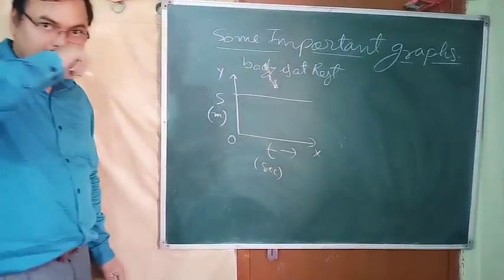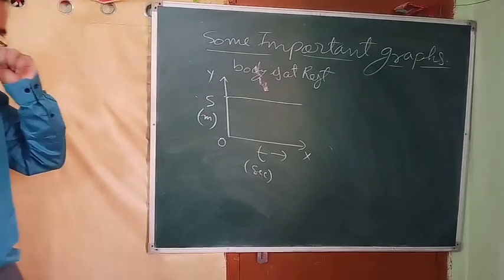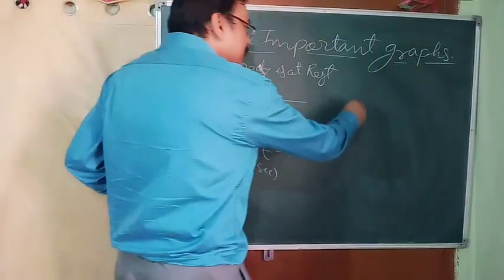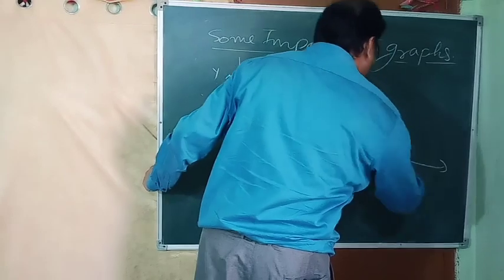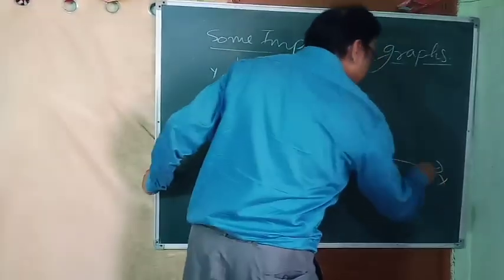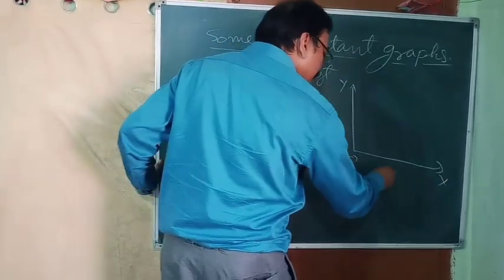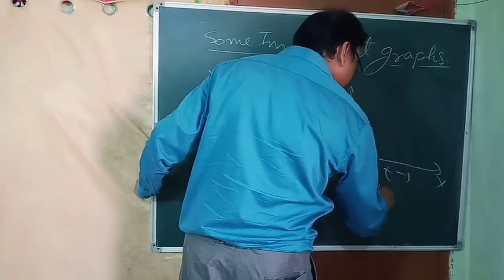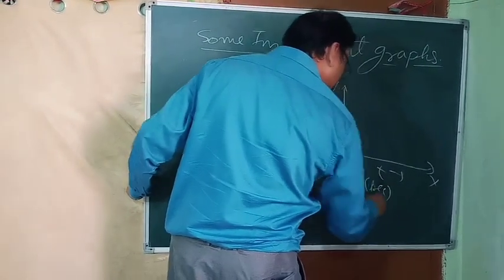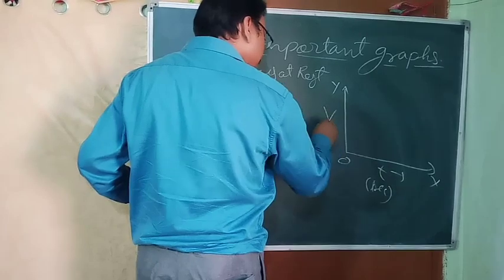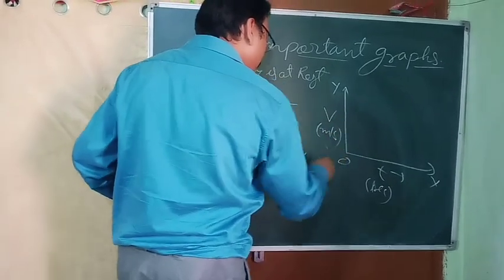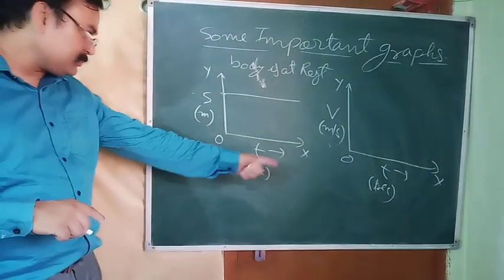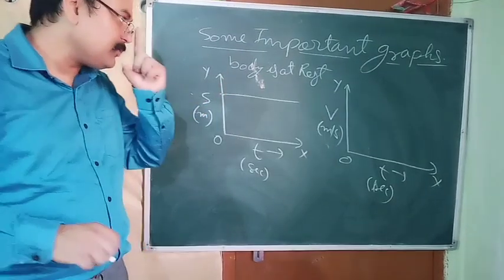But people get confused. How? See, if you've got a similar graph, this is x, this is y, this is the origin. Here you've got time, in seconds again. Here you have got velocity, in meter per second. That is the only change. Time is okay, only instead of displacement you have got velocity.